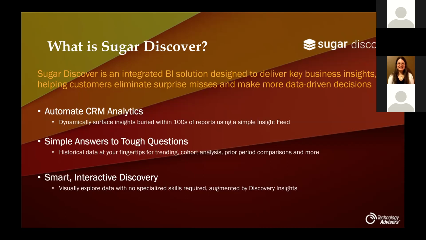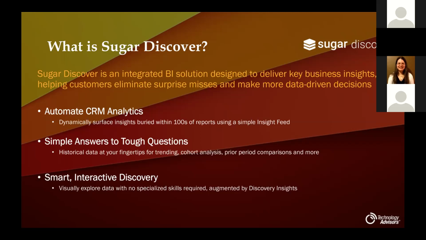So with Sugar Discover, one of the core visions that we had for the product is to bake into the experience a lot of automated analytics to not only allow you to build pre-built reports and dashboards to answer the questions you know to ask, but to also proactively monitor the metrics you care about, look for unusual changes, relationships between patterns in your data, and surface those through automated insights as an entry point to analysis.